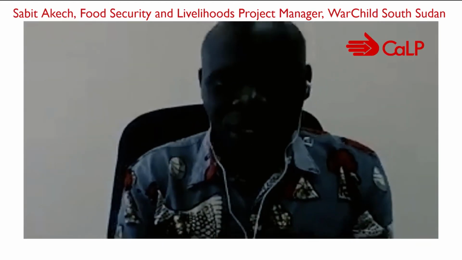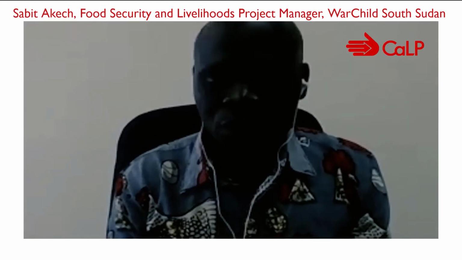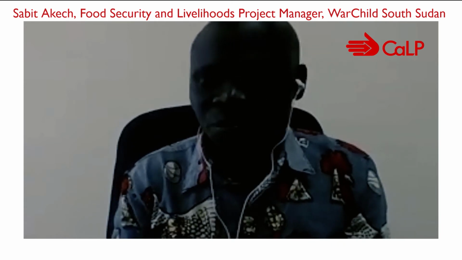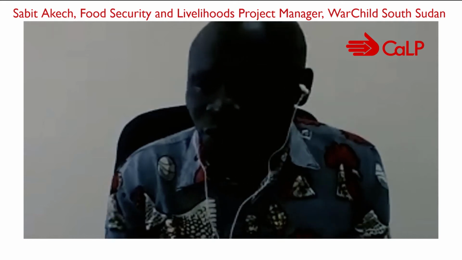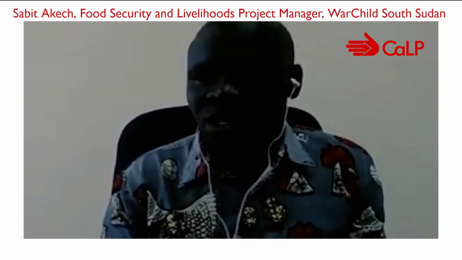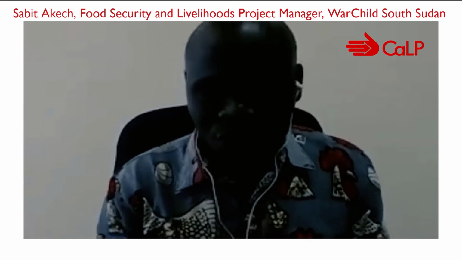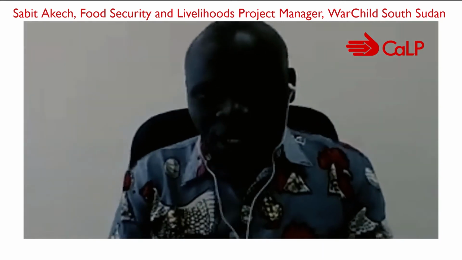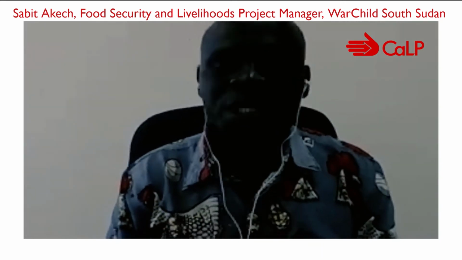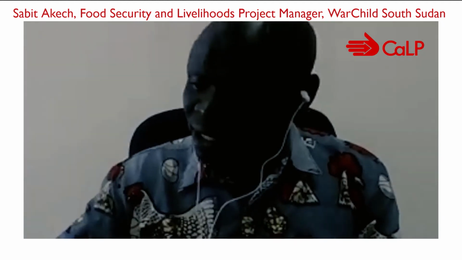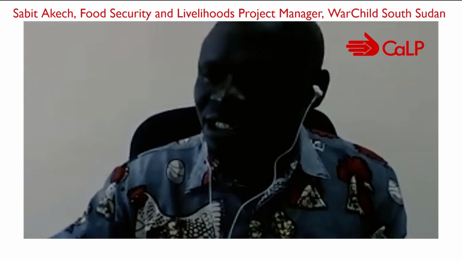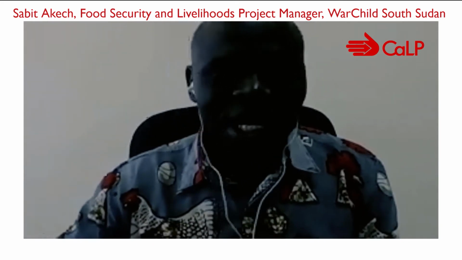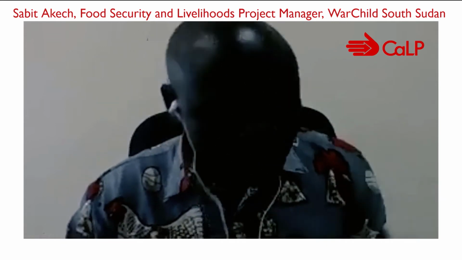We have our market survey report, which tells us that the market price is this, the road condition is looking like this, the goods are coming from this to this. But when we start the project implementation, we discover that 1 bag of sorghum, which is 90 kg, is now $50, and we are giving out $30.